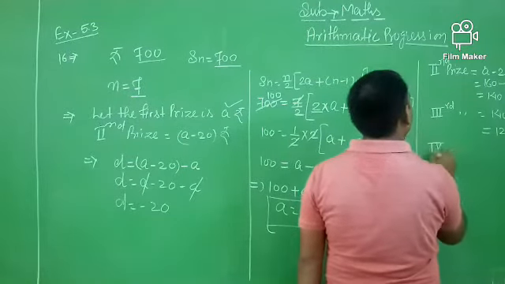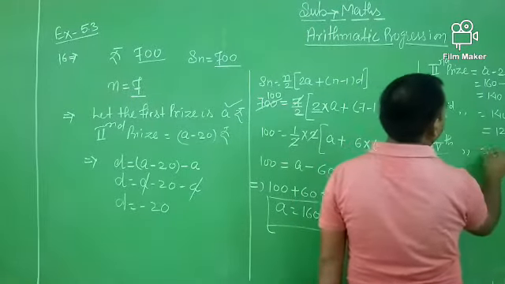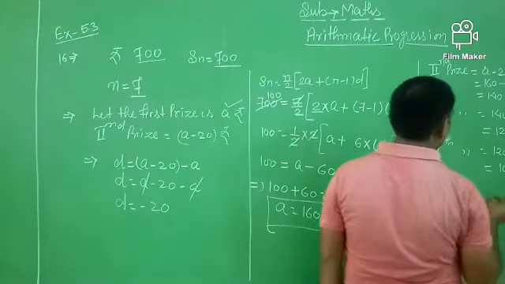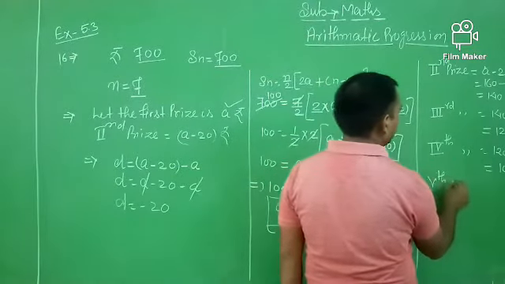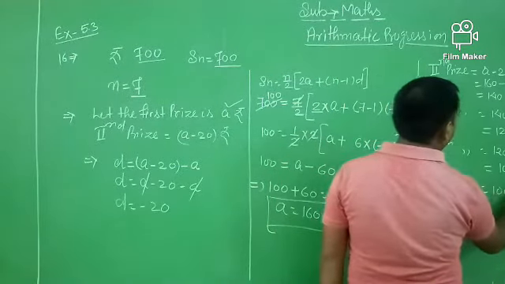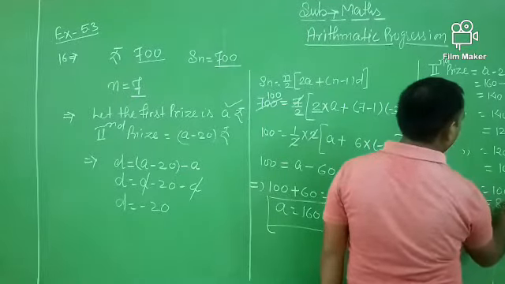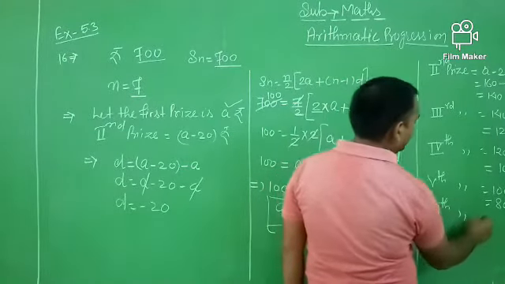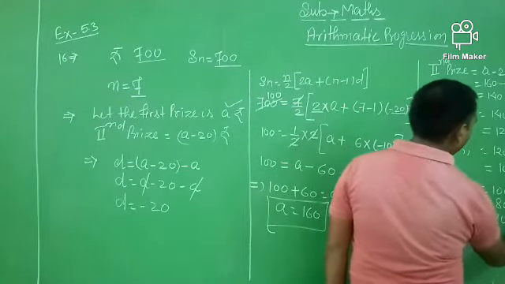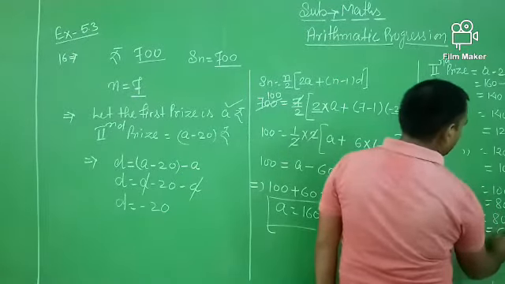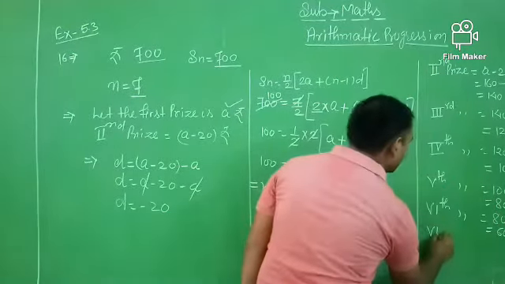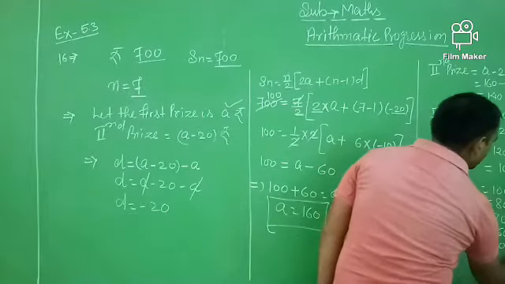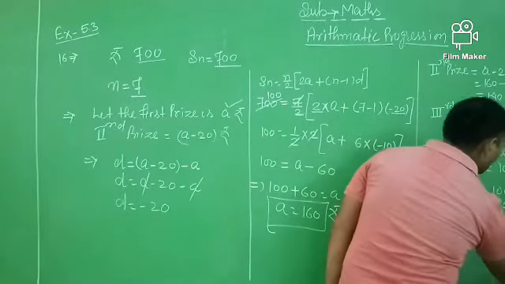Then the fourth prize is equal to 120 minus 20, which is 100 rupees. Fifth prize is 100 minus 20, which is 80 rupees. Next, sixth prize is 80 minus 20, which is 60 rupees. Next, seventh prize is 60 minus 20, which is 40 rupees.